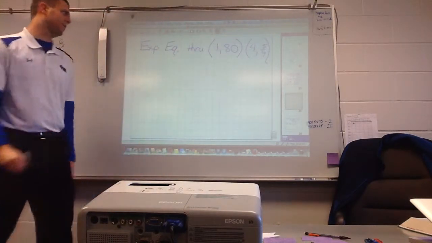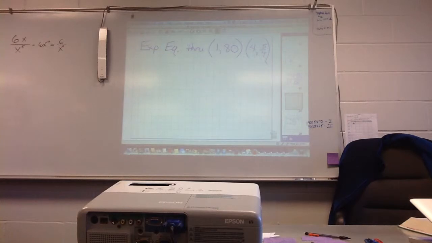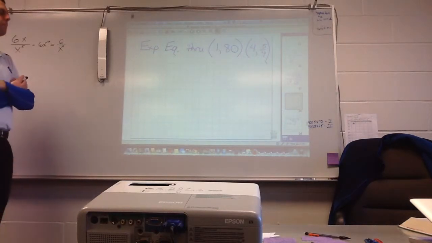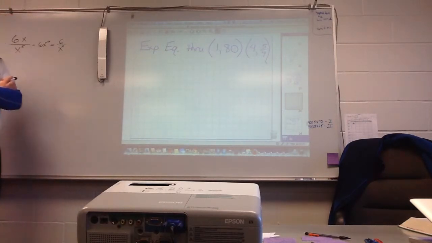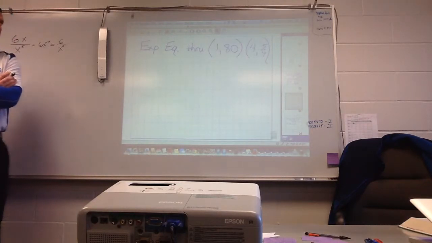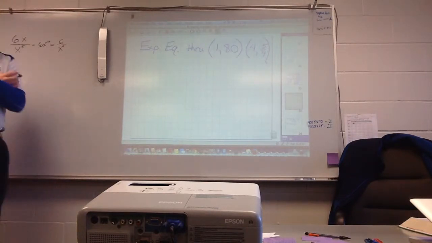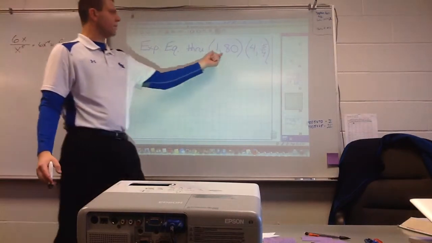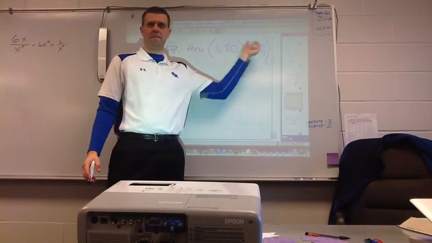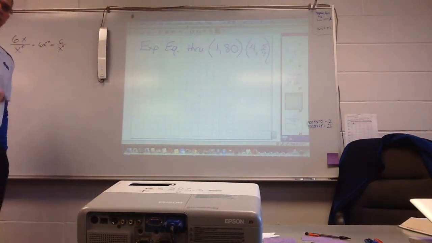Hope I did this right. Okay, so this one's probably a little bit more tricky to figure out what you're multiplying by because the two coordinates I gave you weren't right next to each other, right? Okay? Alright, so let's do it algebraically.